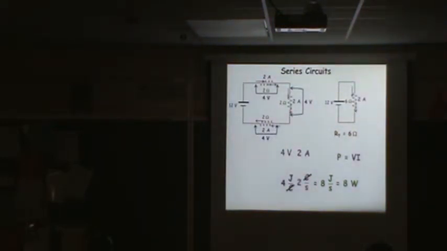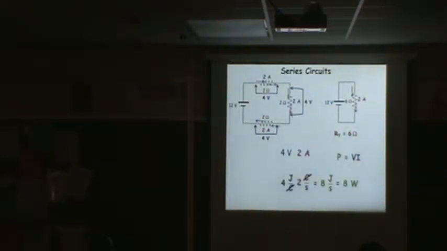Whenever you have a resistor that was really a bunch of resistors in series, and you know the current going through that equivalent resistance, that net resistance, then you know the current going through all the resistors that made it up that are connected in series. That has to be true because of an important law in physics.